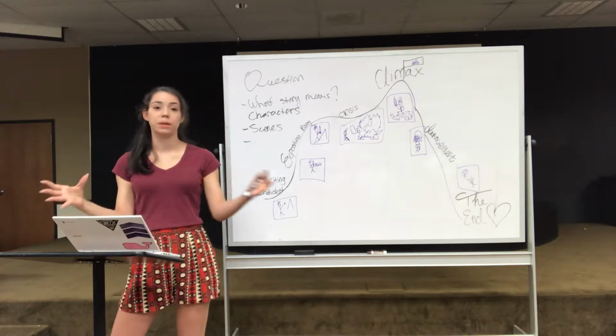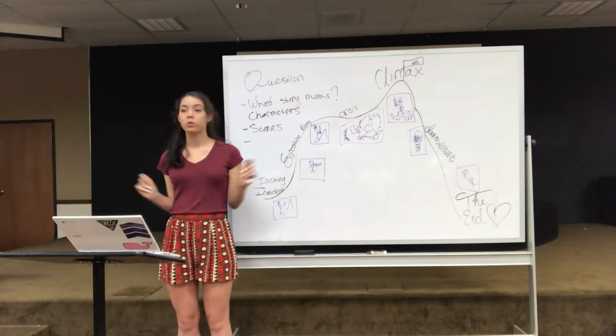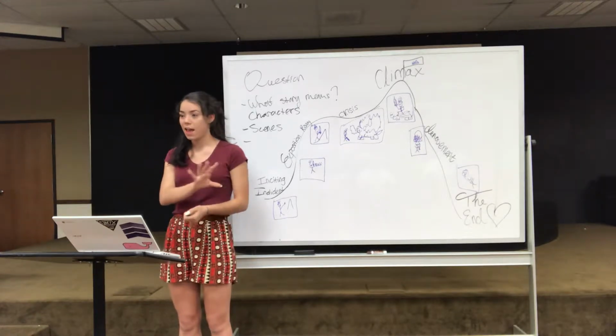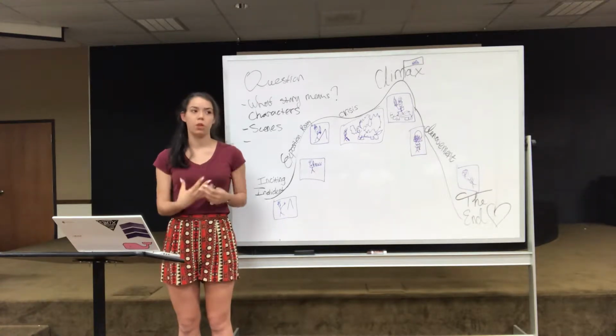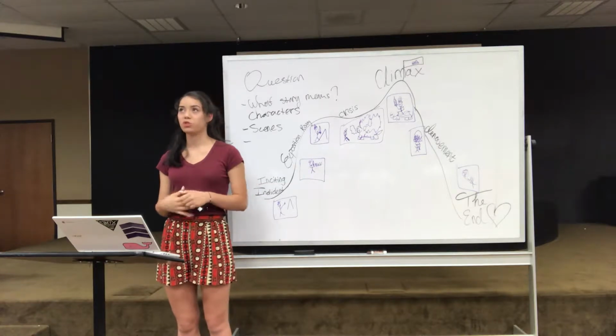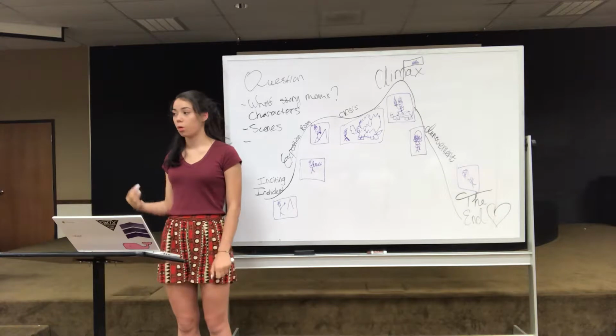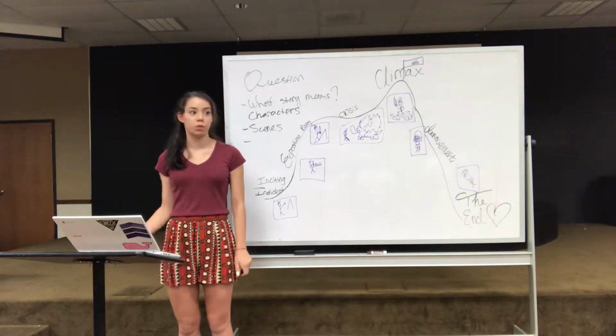So it doesn't have to be the whole thing. You can just have one smaller part and really focus on that, and then you're able to develop it a lot. Because doing a whole story can be really hard to cut if you have a really long book.